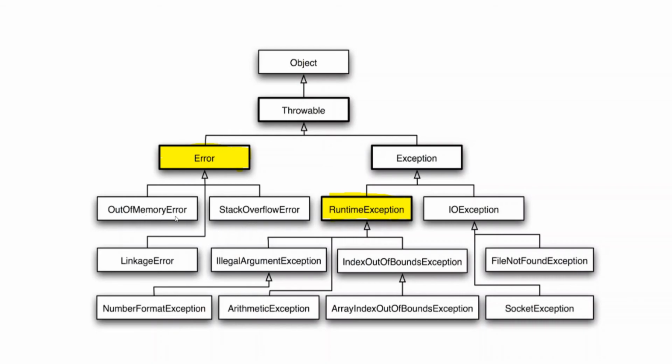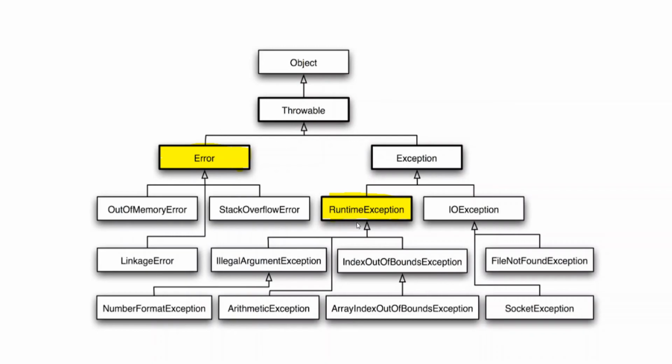So all the hierarchy, OutOfMemoryError, StackOverflowError, LinkageError, these are unchecked. You cannot check this, right? And if you see RuntimeException, all the subclasses of RuntimeException are unchecked exceptions, right? So IndexOutOfBoundsException, ArrayIndexOutOfBoundsException, these are not checked by the compiler.